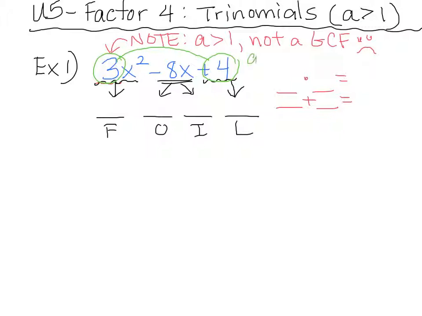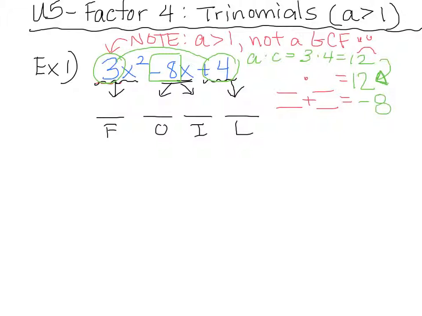It's the A value times the C value, which in this case is 3 times 4, and we get 12. And that is what goes in this new multiply spot. We're looking for two numbers that multiply to 12, so the A times the C. And the addition one is exactly as before, it's just that middle B term, so it adds to -8.